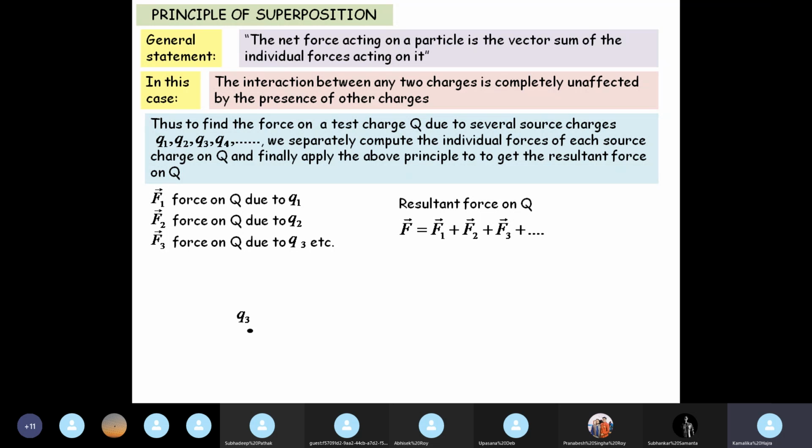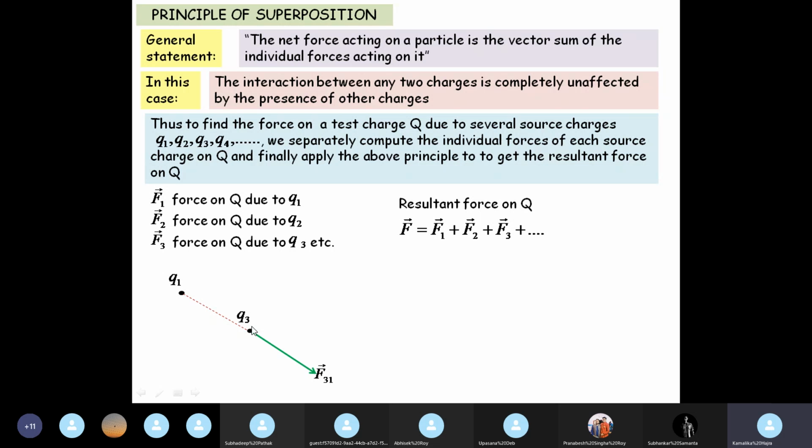Suppose we have a charge Q3. Now we have another charge Q1, and this is the distance joining Q1 and Q3. So what is the force on Q3 due to Q1?